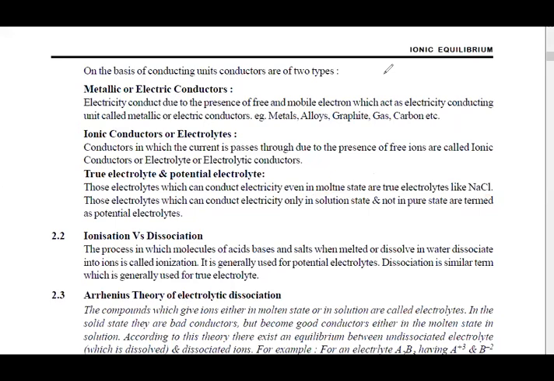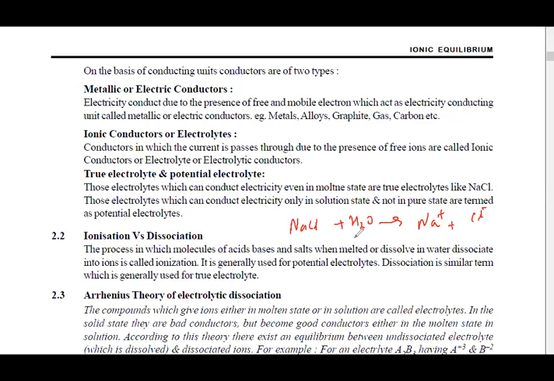Now there's a small term, which is ionization versus dissociation. I'll tell you the difference. When we talk about ionization, NaCl mixed in water breaks down into Na+ and Cl-, and then they are surrounded by H2O molecules.